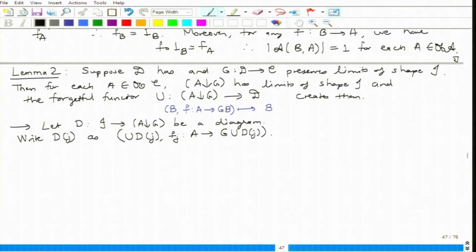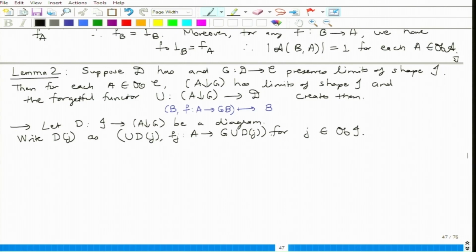So dj is in fact written using the forgetful functor applied to it, for j in the objects of J. Yeah, dj is just one of these objects.